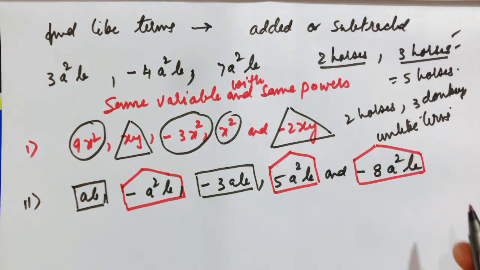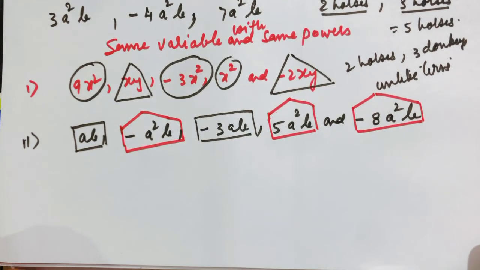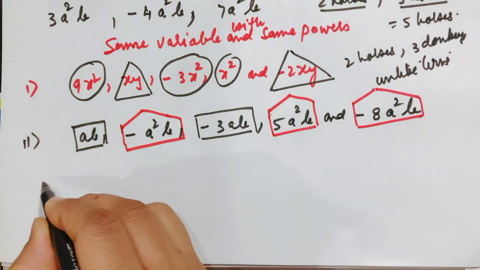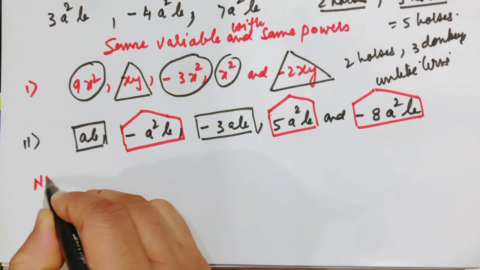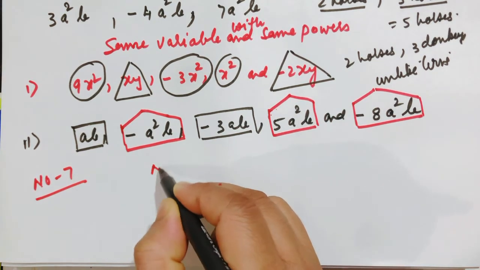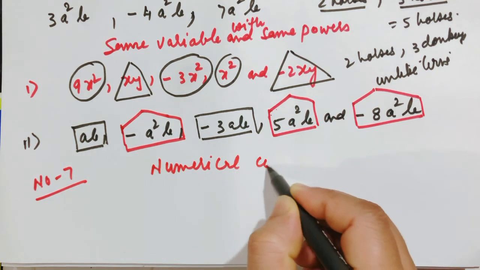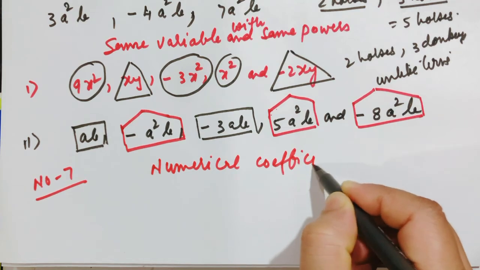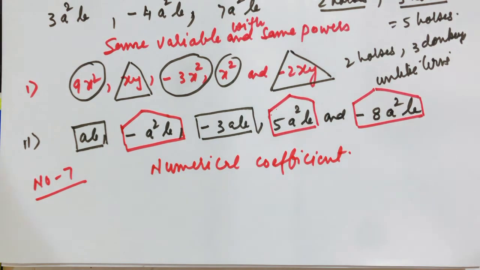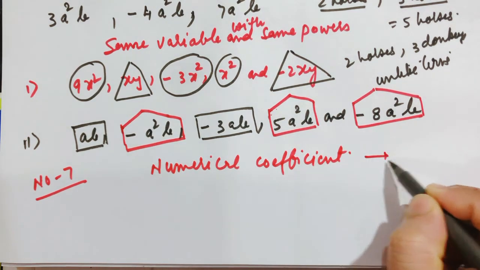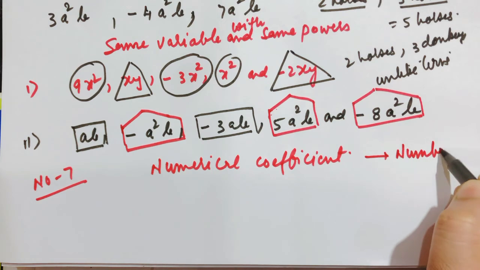Write the numerical coefficient. Numerical means what? Numbers. For example, in number 7, numerical coefficient: the coefficient should be there, but it should be in numbers only.